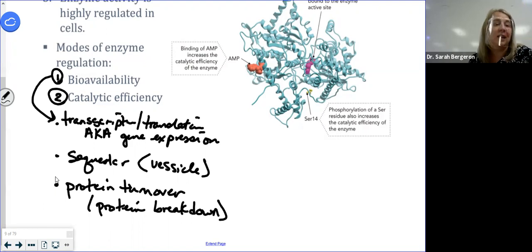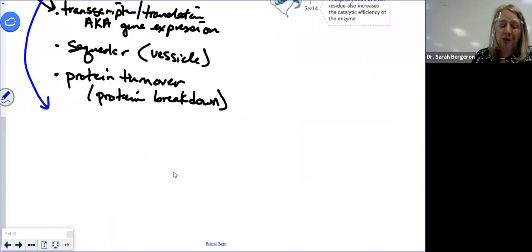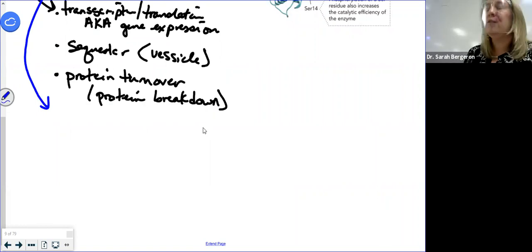So let's talk about catalytic efficiency. I'll do that in blue. So how can we control catalytic activity? What do we say was the on-off switch? Phosphorylation and dephosphorylation, but those aren't the only kinds.